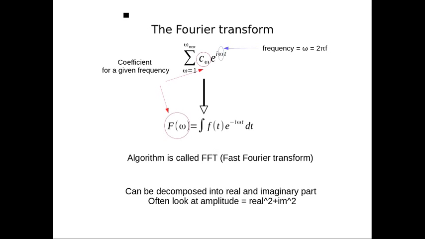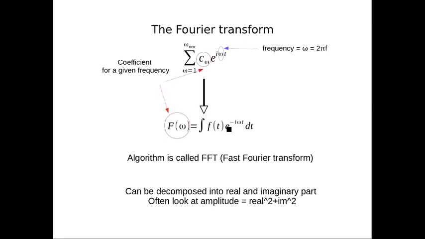The Fourier transform, as we've established, expresses a signal in terms of a Fourier series. So that means as a sum of these sinusoidal functions with certain frequencies, and we calculate the amplitude coefficients for each of these signals, and thereby we get a function as a function of frequency rather than as a function of time, which is what we started from.